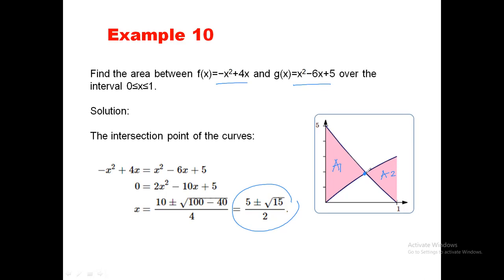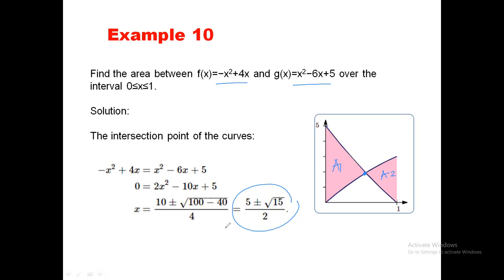In this case, let me check. If this is square root of 15, 5 plus the square root of 15 divided by 2, that would be 4.43. But if it's 5 minus the square root of 15 divided by 2, you will have 0.563.